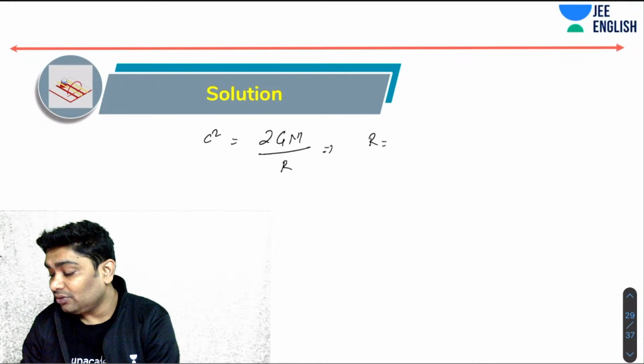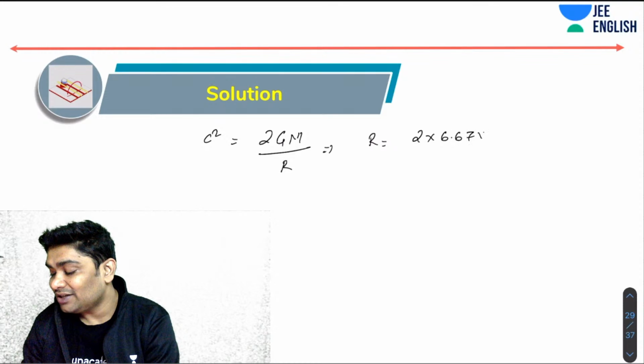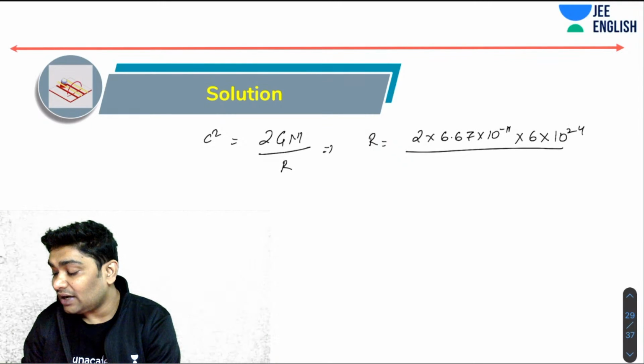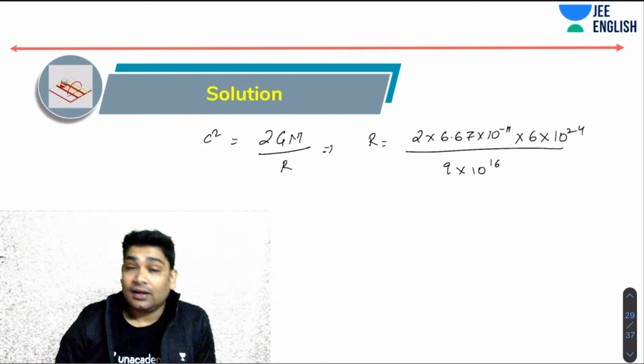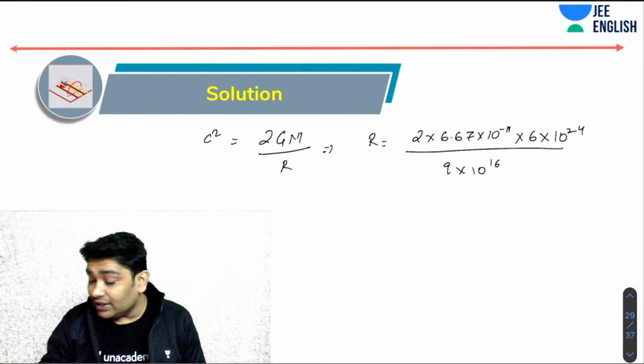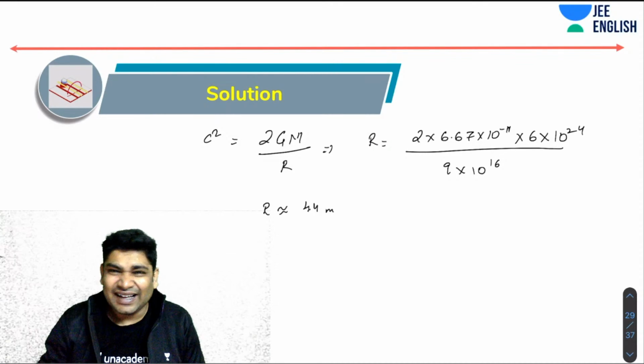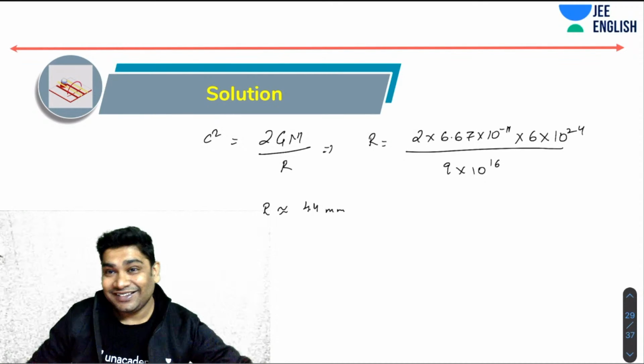R should be equal to 2 into G, G is 6.67 into 10 to the power minus 11, mass of earth is 6 into 10 to the power 24, over c square. c square is 9 into 10 to the power 16. Now when you do this, you will realize R comes out to be roughly 4.4 mm, if I remember the answer correctly.